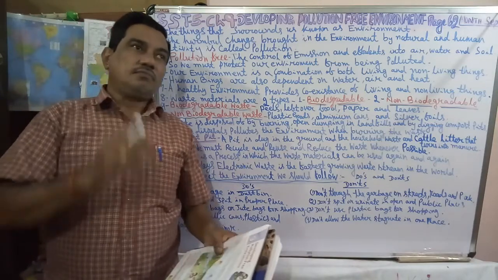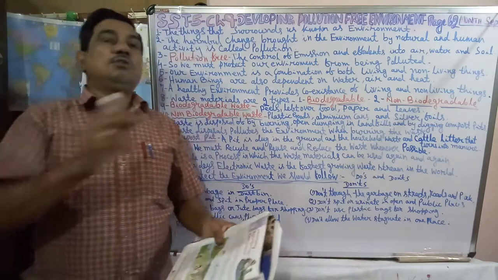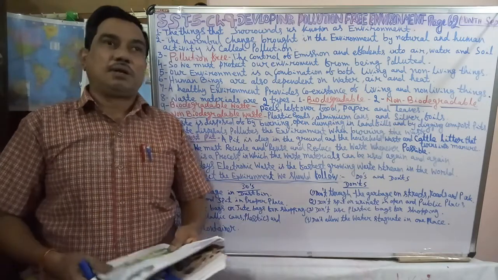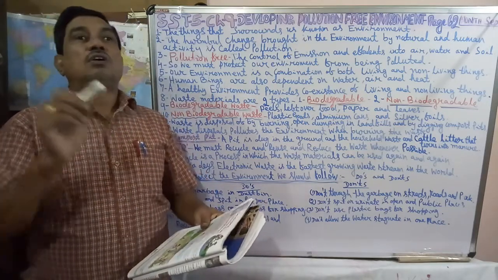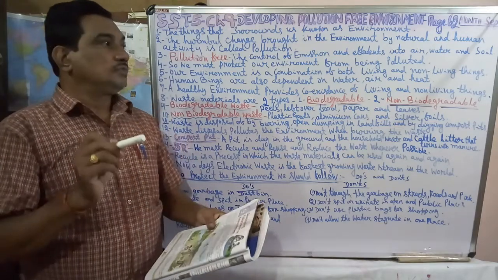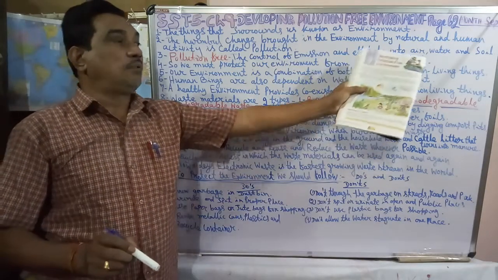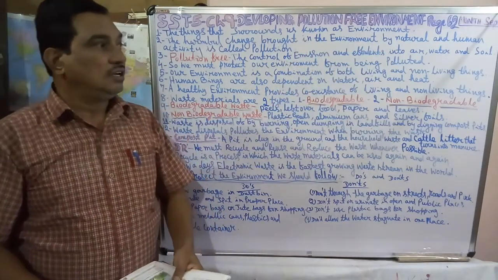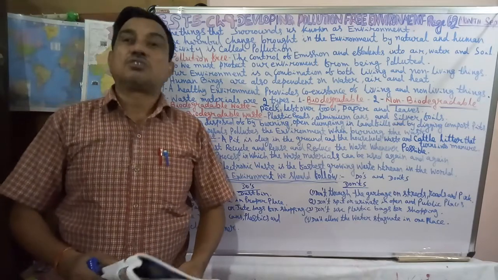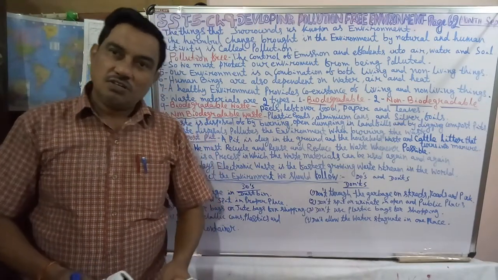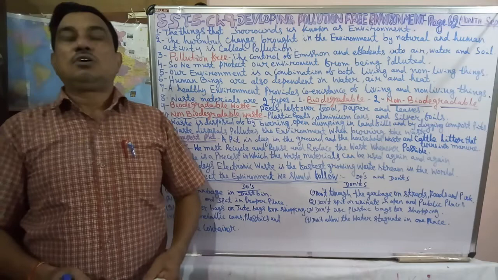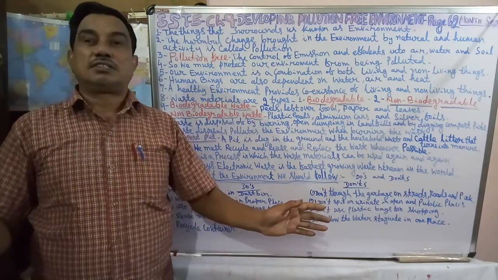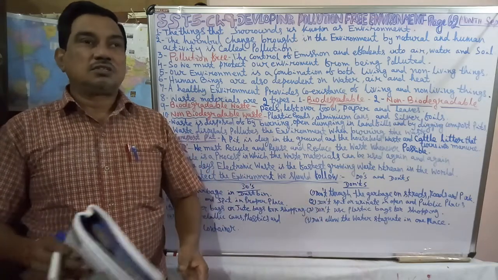Then how will it be a pollution free environment? To control the emission and effluents into the air, water and soil is called a pollution free environment, where there is no emission and no effluents, meaning waste products.